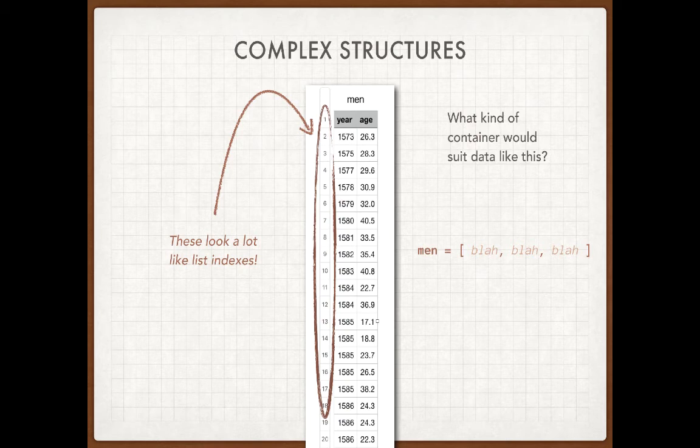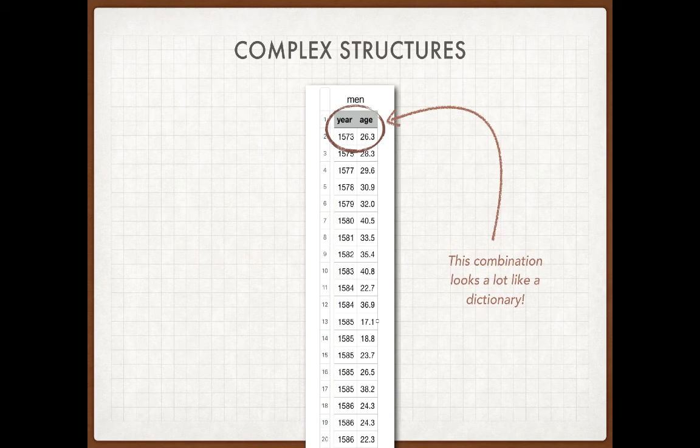So the next question is, great, what are those elements? What should that thing look like? Well, if I just took those by themselves, it looks suspiciously like a dictionary, doesn't it? There are key value pairs. The year here is 1573. The age of that particular parent in 1573 was 26.3. Yeah, that's right, 26.3 years old.